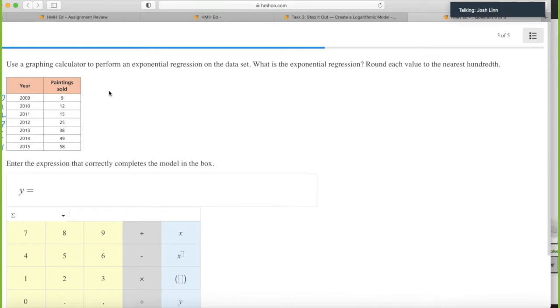So 0, 1, 2, 3, 4, 5, 6. 9, 12, 15, 25, 38, 49, 58.